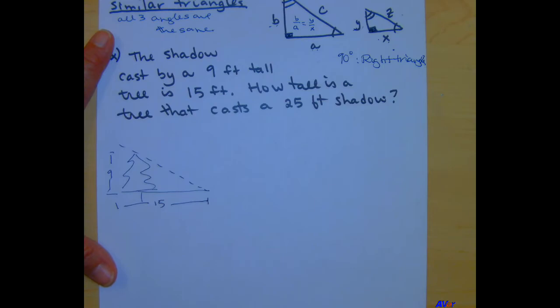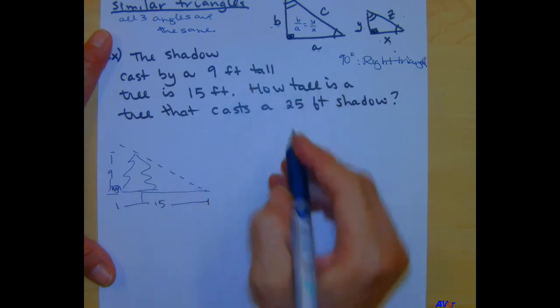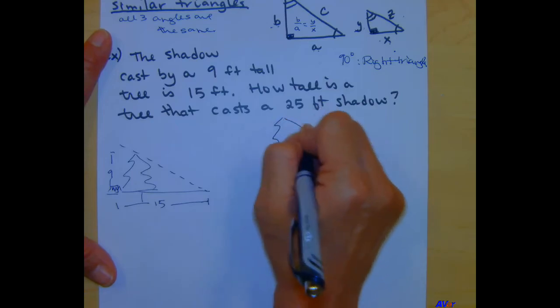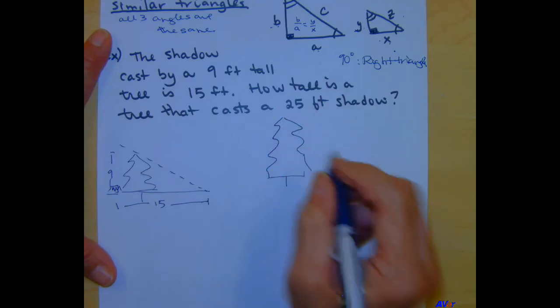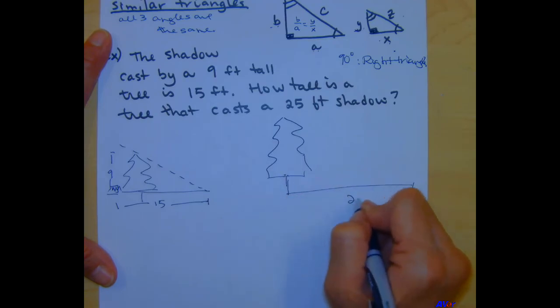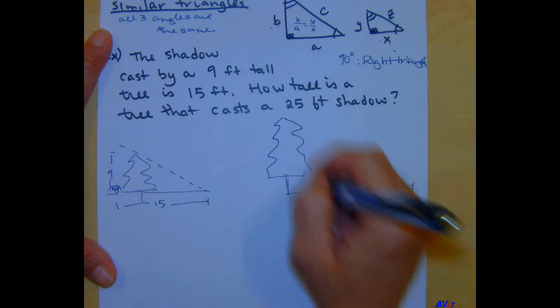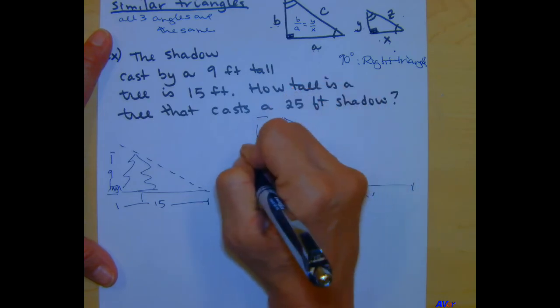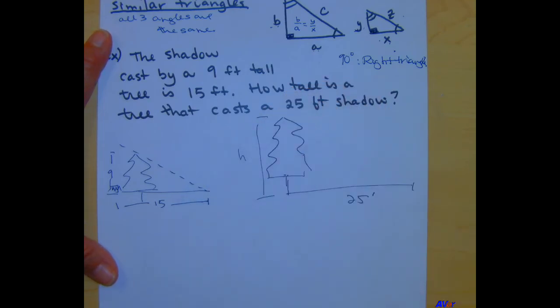Here is that right angle. Now, how tall is a tree? So now I've got a different tree, and its shadow is 25 feet, but I want to know, how high is it?